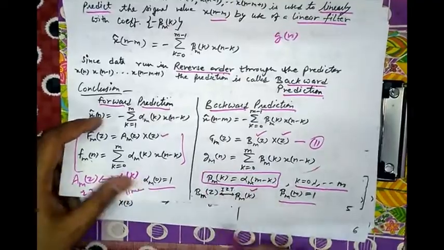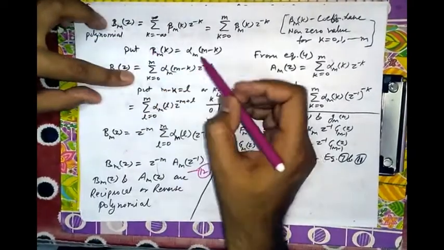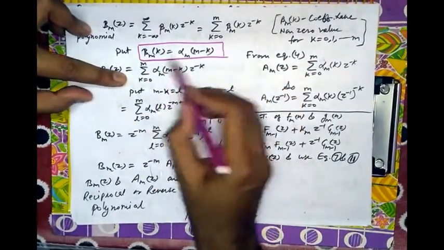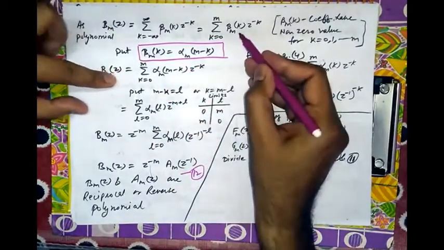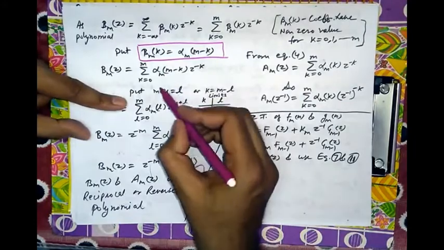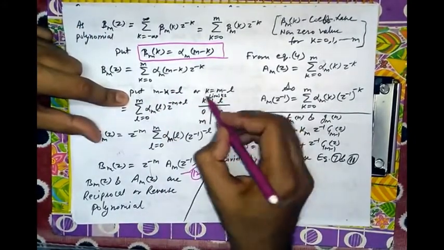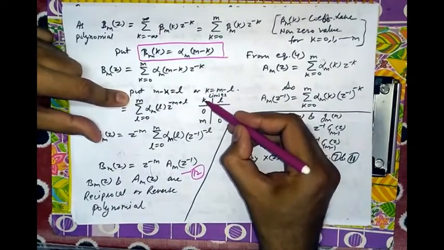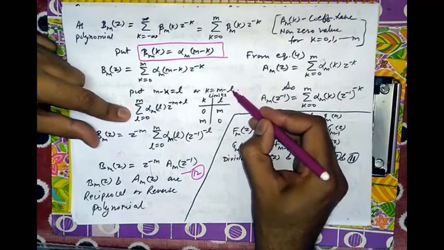Okay, these are the conclusions. And now again, we have just put the value of the coefficient from the last slide, beta m,k is equal to alpha m,(m minus k), and doing some mathematics, put m minus k equal to L, so k equals m minus L, and the limits will change accordingly.